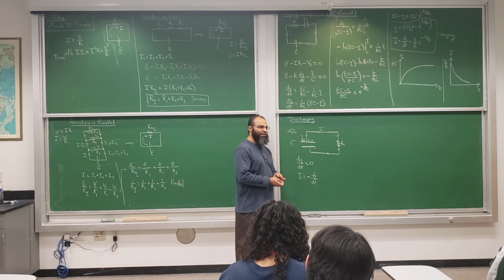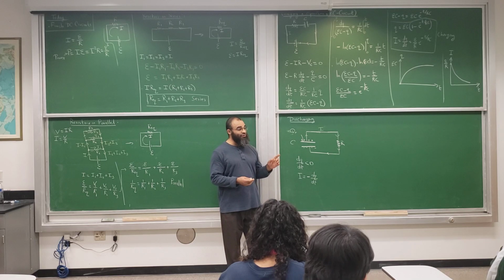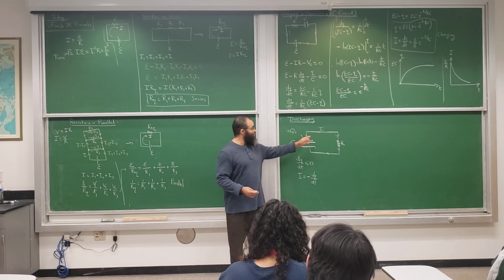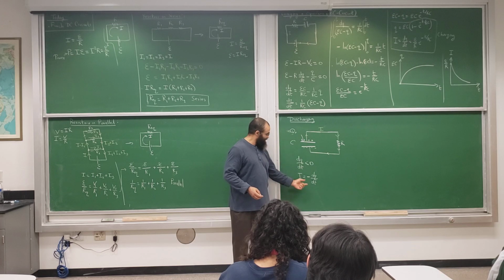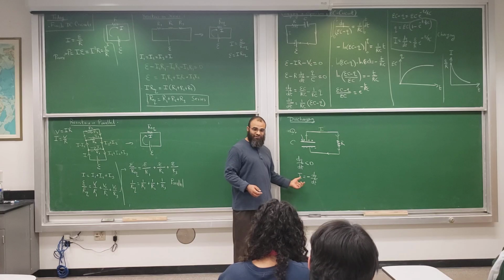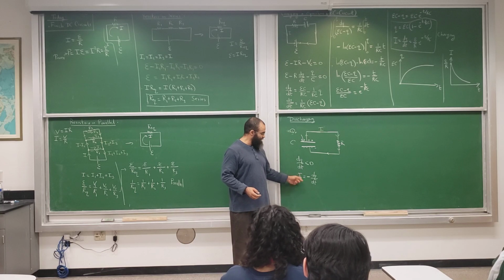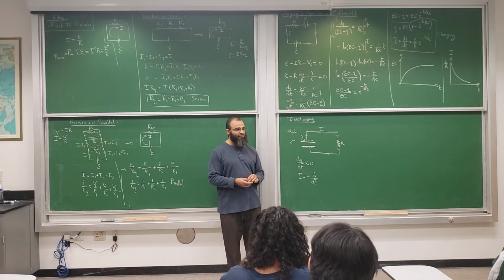Remember, what does it mean to have a negative current? It means the direction you assumed is wrong. But I know the direction I'm assuming is right, and I know the charge is getting less, so dq dt is negative. So I put a minus sign to ensure that the current is positive.